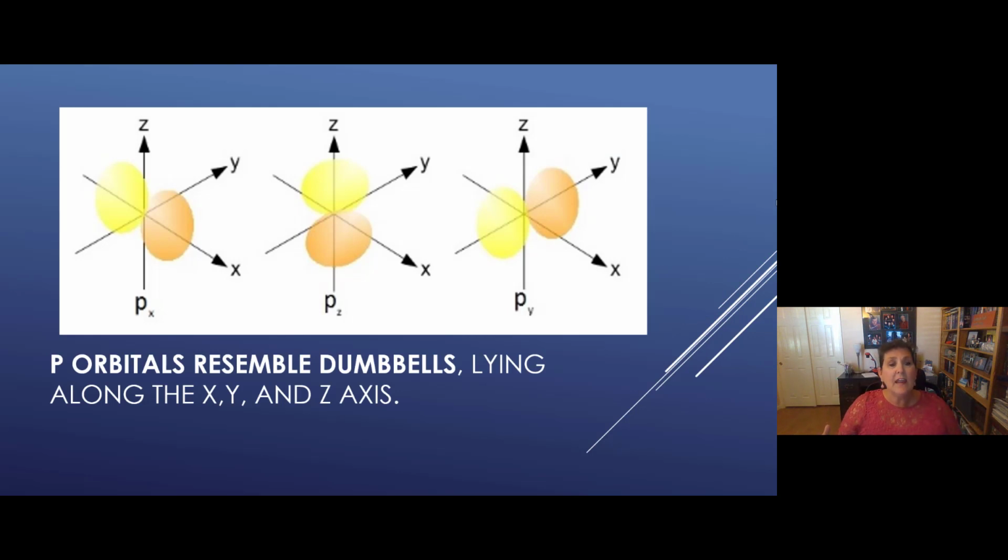If you want to, you can think of the electron as moving in a figure 8 shape, although that's not quite right, but it's okay to think of it that way for now. The p's go along the x, y, and z axis. So we have px traveling like this, we have py traveling like this, and then pz traveling like this. So we have the 3 different axes involved. There's 3 orbitals in the p. Okay, so we can put 6 electrons in a p.